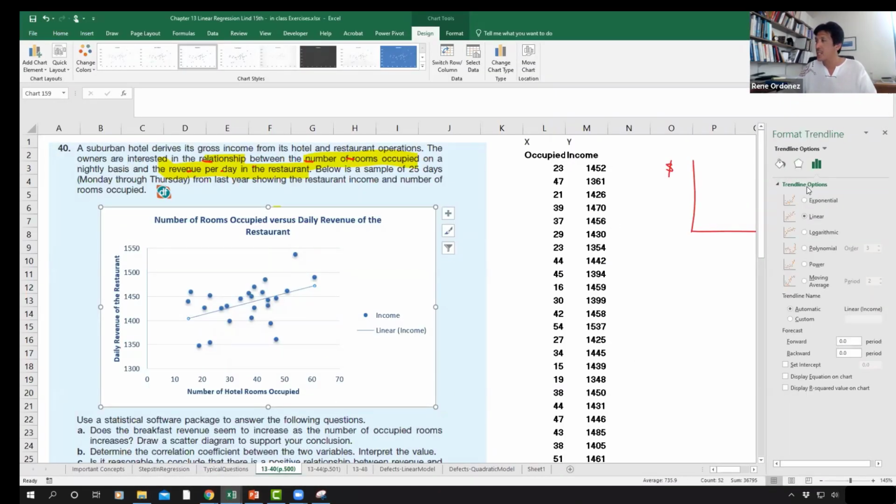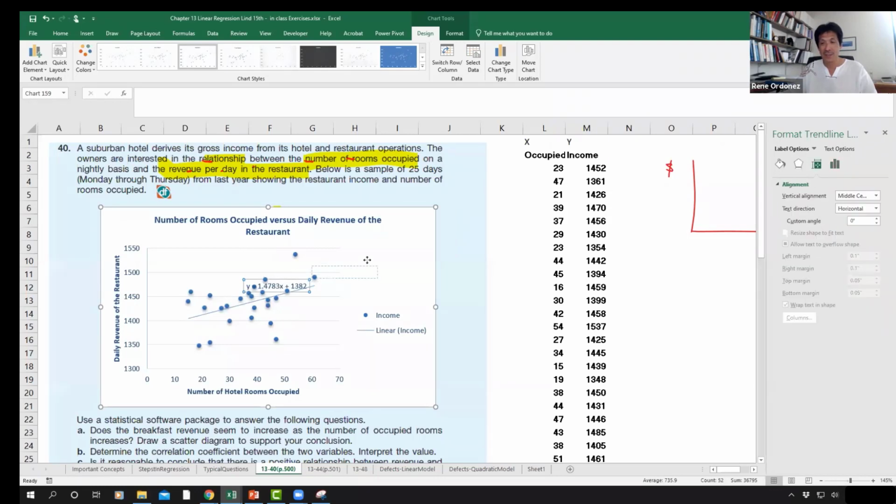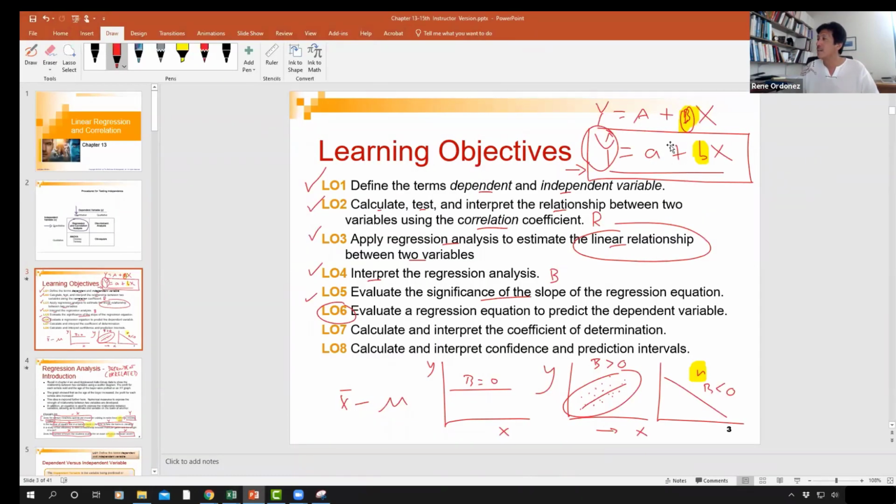So while you are still on this format trend line, you select this option that says display equation on chart. Note that as I selected this option, observe what happens on the graph. So here you go. The equation was superimposed. And the way that Excel will express the equation is a little bit reversed compared to how we wrote it over here.